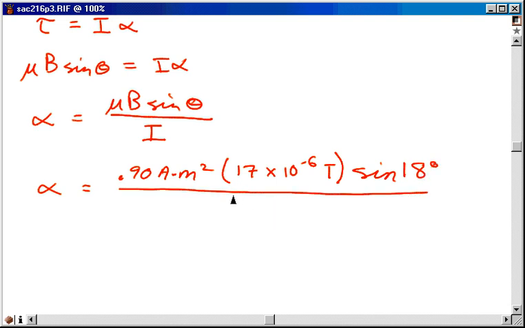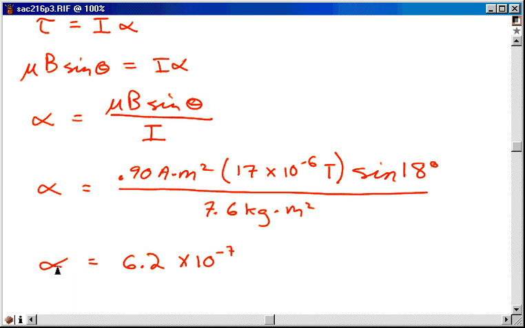Divide all that by the given moment of inertia, 7.6 kilogram meters squared, and I get alpha as 6.22 times 10 to the minus 7th, which rounds off to 6.2 to 2 sig figs, since everything here is given to just 2 sig figs, times 10 to the minus 7th.